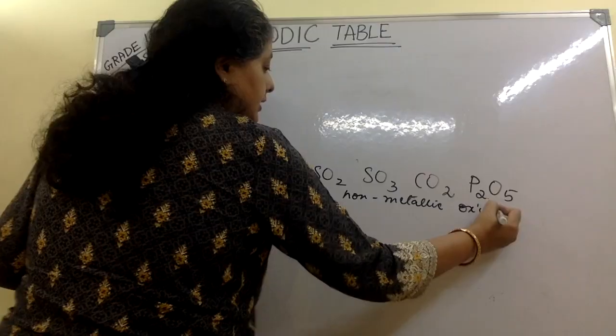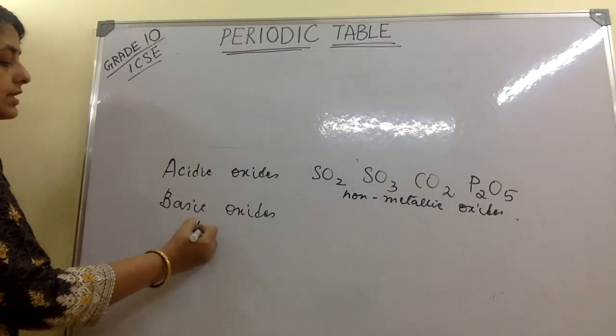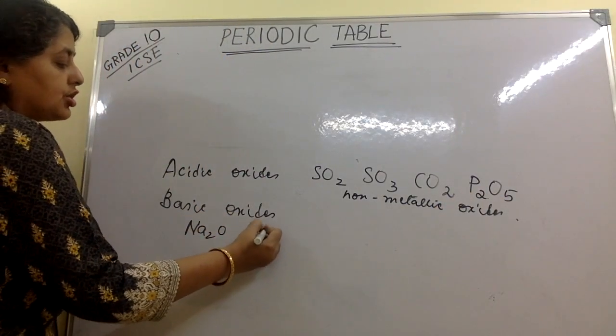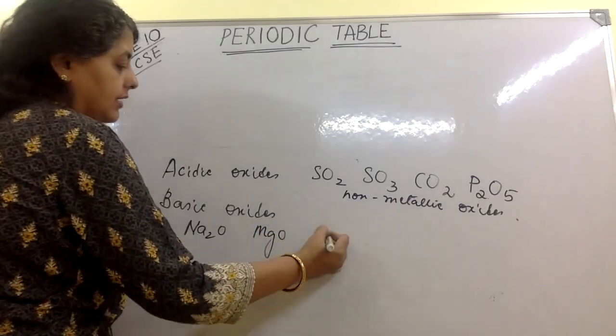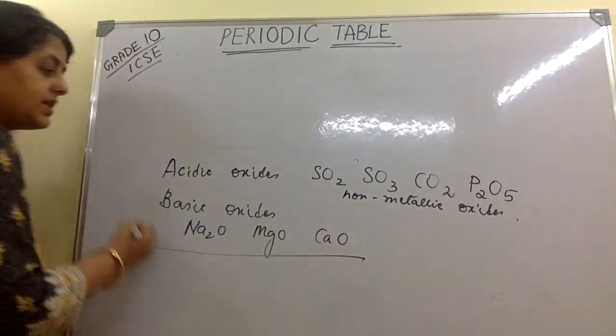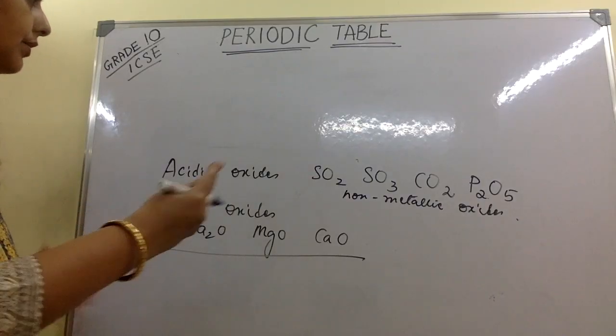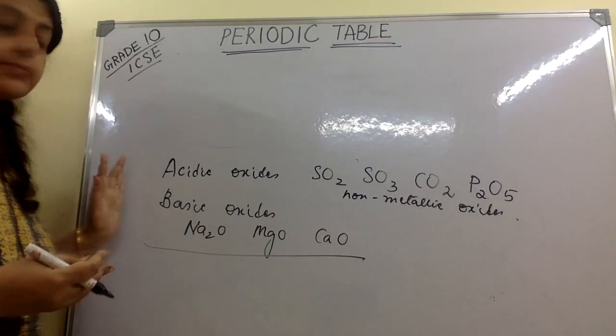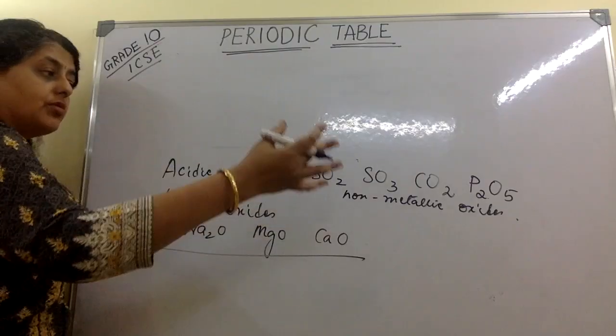And what are basic oxides? Basic oxides can be Na2O, MgO, then I can have CaO. So these are all basic oxides. Now why the name acidic? When these mix in water, they form acids.